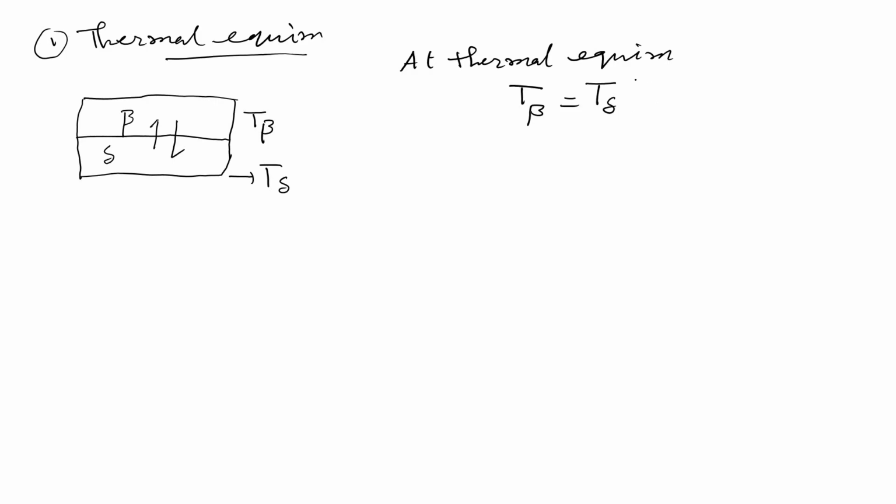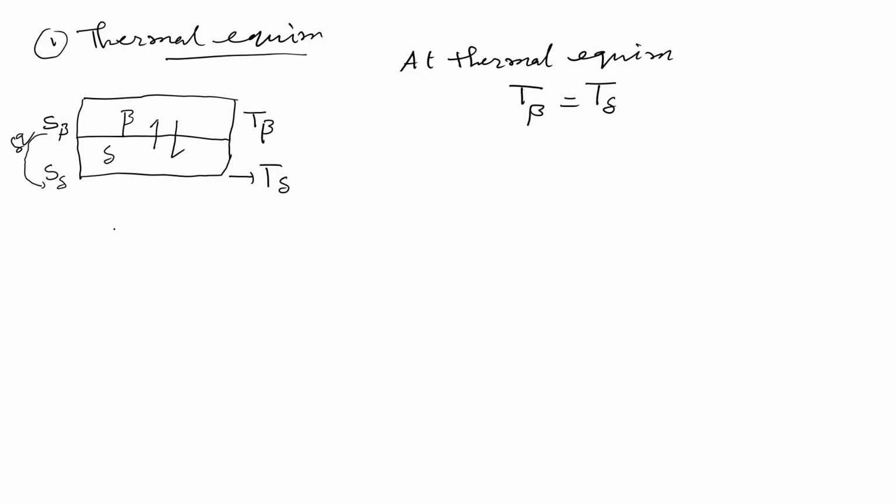This I have to prove, right? Now suppose in the beta phase the entropy is S beta. Here delta phase entropy is S delta. Okay. Now consider that from beta phase to delta phase, a small amount of heat del Q is transferred, right?